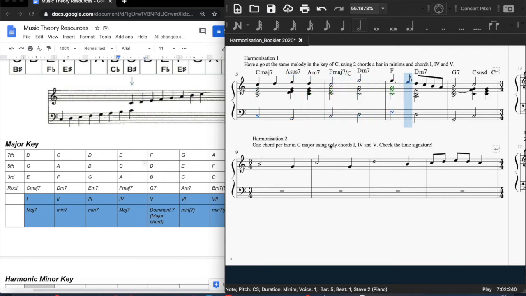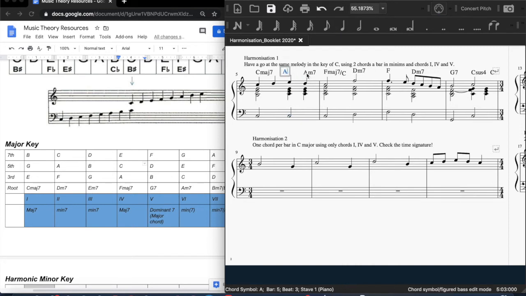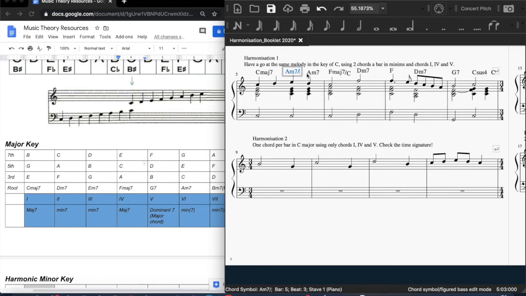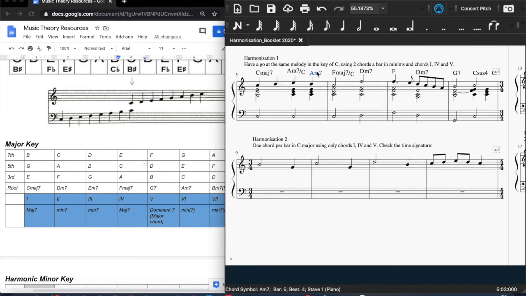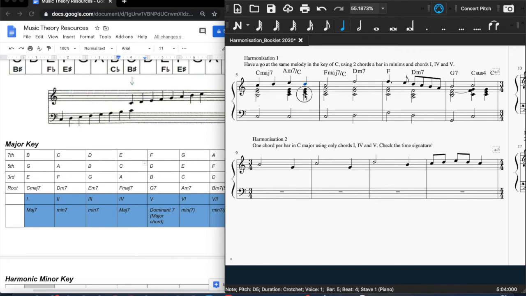And we could actually do this whole thing over C. So I could get rid of this suspension idea, and just make this A minus 7 over C. This is called a pedal tone, when I've got a load of chords changing over a C bass. So it's C bass, C bass, C bass, and then it changes here.